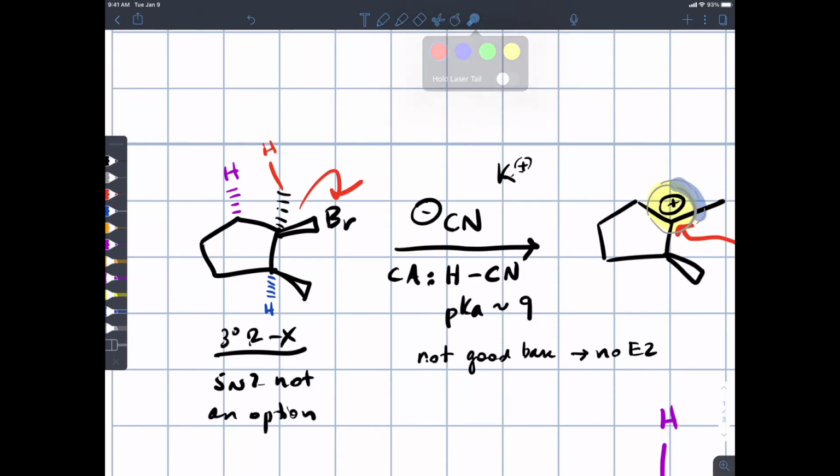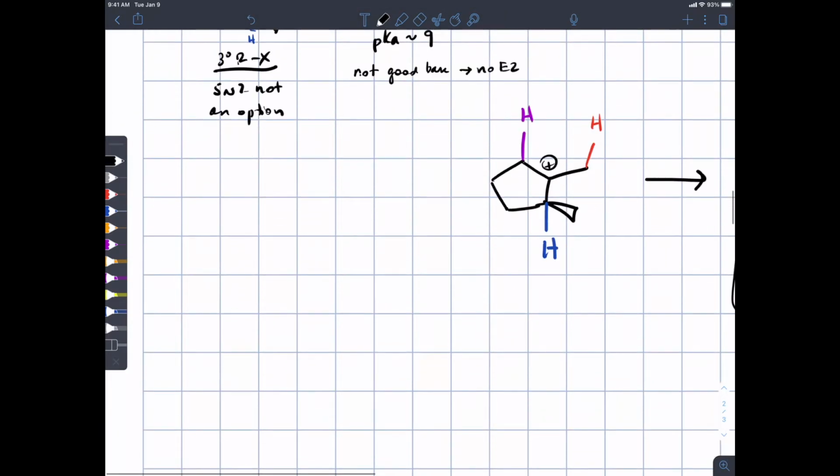No, you can't, and actually in this case there are no hydrogens on the same carbon as the leaving group. But we could illustrate that with a different example. If you were going to do an E2 reaction here, here's the alpha carbon, here are the two beta carbons.